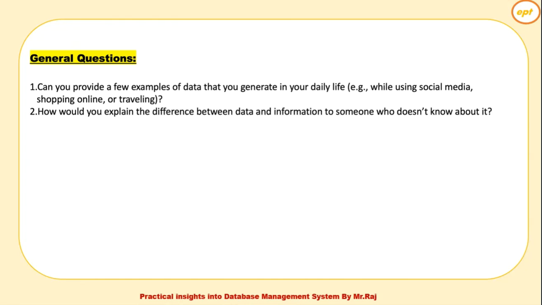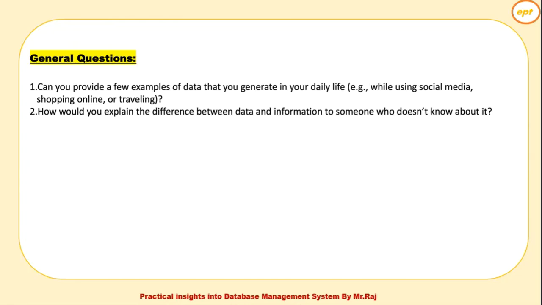We'll move to the next question. How would you explain the difference between data and information to someone who doesn't know about it? If a non-computer science student comes and asks you what data is and what information is, and what the difference between them is, what do you say?